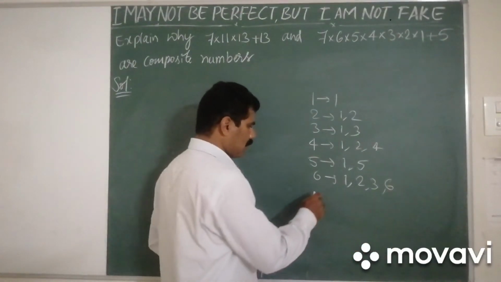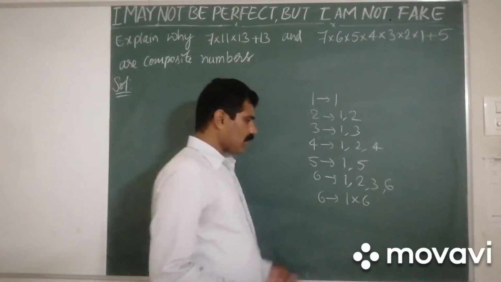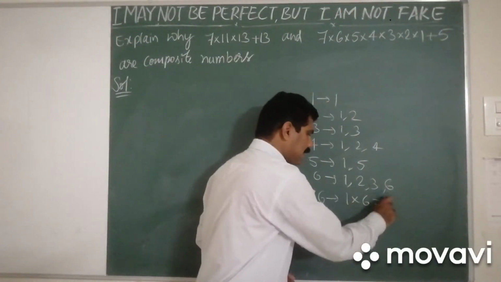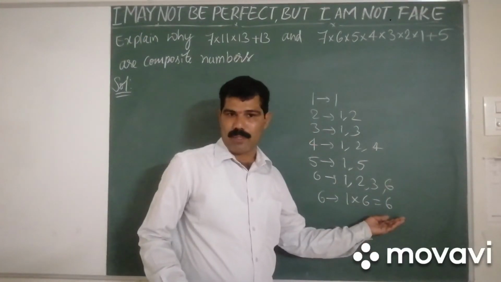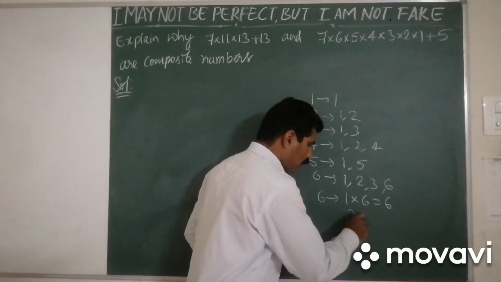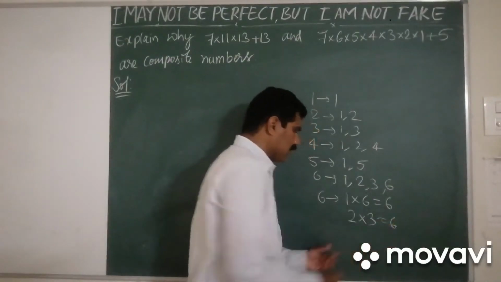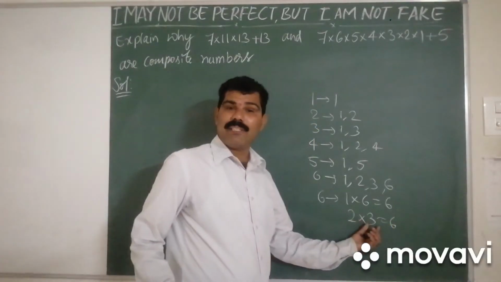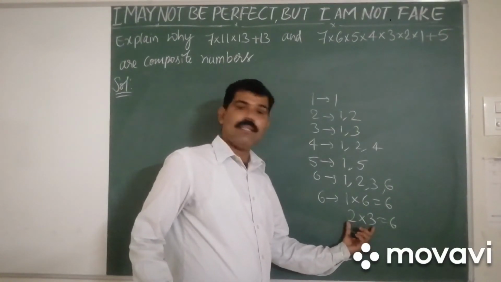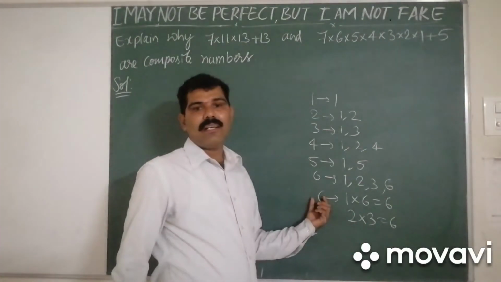Do not get confused for 4 or 6. 6 can be written as 1 into 6, but you should not say it is a prime number, because it can also be written as the product of 2 and 3, that is 2 into 3 as 6. We have not used 1 and the number itself here, so we call 6 a composite number.